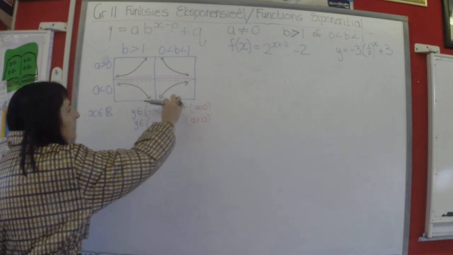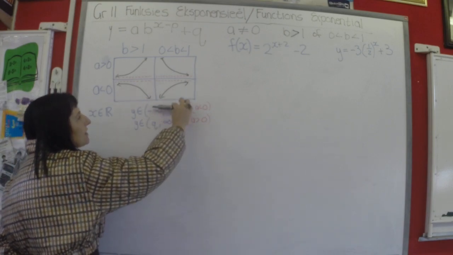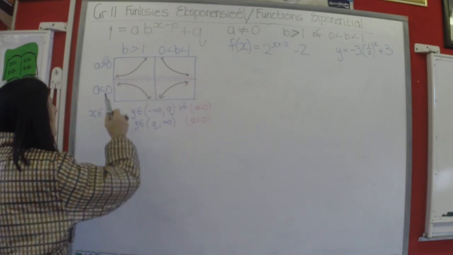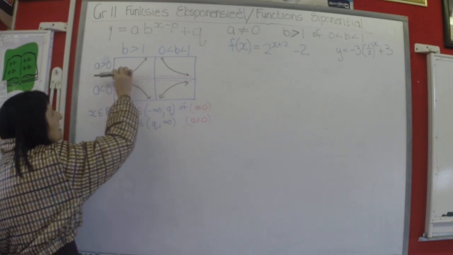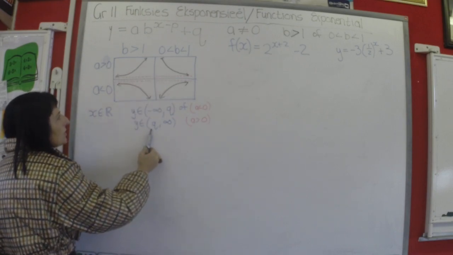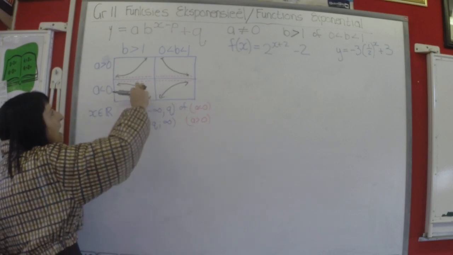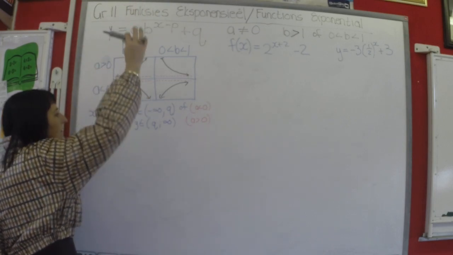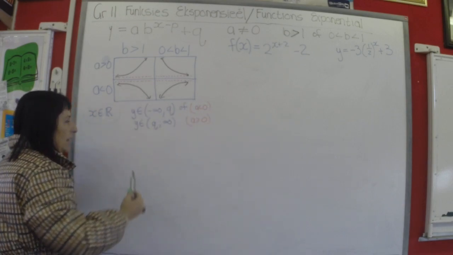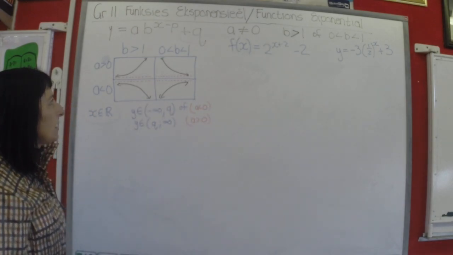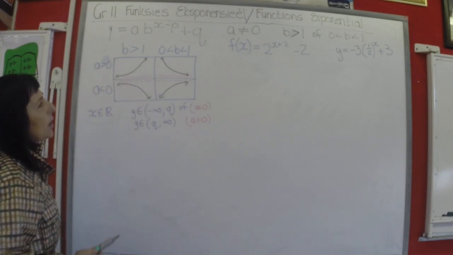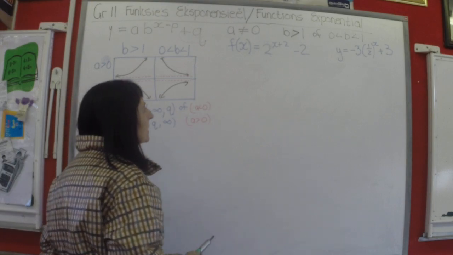But when my a value is positive, my y value starts at the horizontal asymptote, at q, and then it goes upwards up to infinity. So it depends on what my a value looks like what my range is going to be. Let's explain this learning work by means of examples, then it is very easy for you.